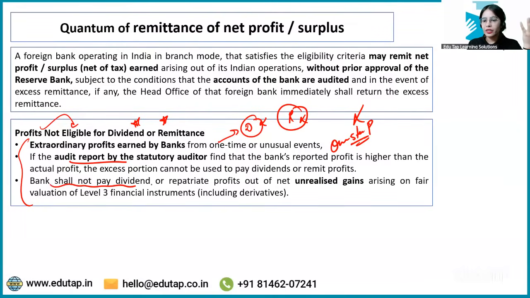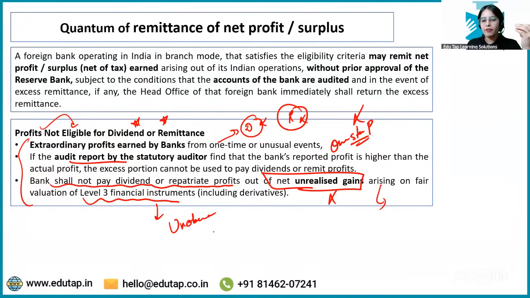The bank shall not pay dividend or remit profit from unrealized gains, which can be seen in the market but are not actually realized. These come from level 3 financial instruments, because they usually have unobservable valuation in the market, they are not trading much, and that's why their valuation is never very clear. I hope this is clear.